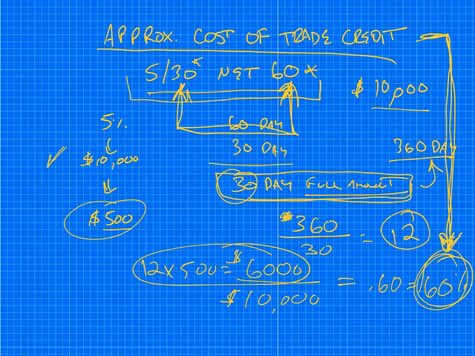Let's look at the easy way. This is the way you're going to want to solve problems should they be posed to you on an exam, quiz, final, homework, etc. I think you'll find it quick and easy. We'll stick with our example, which was 5/30, net 60.